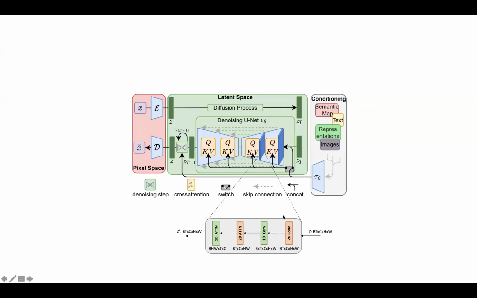So 2D comes from the pre-trained weights that we have, and we add a 1D convolution, which is a temporal network along the temporal dimension. It operates across this T.